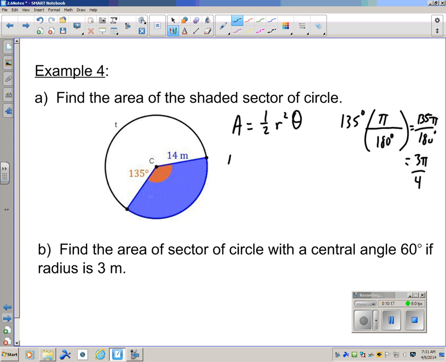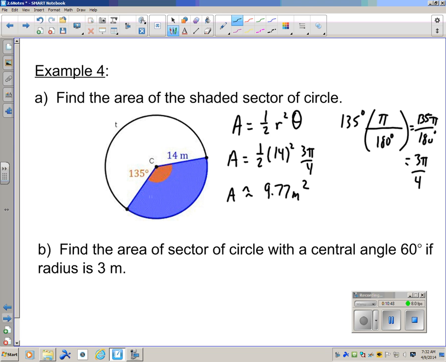So now I can just plug it in there. 1/2 r there is 14. I can square it and multiply that by 3 pi over 4. So my area of that sector of that circle, once I plug it in, I end up getting about 9.77. And since it's area, it's going to be square meters. So that's how you would solve one like that.